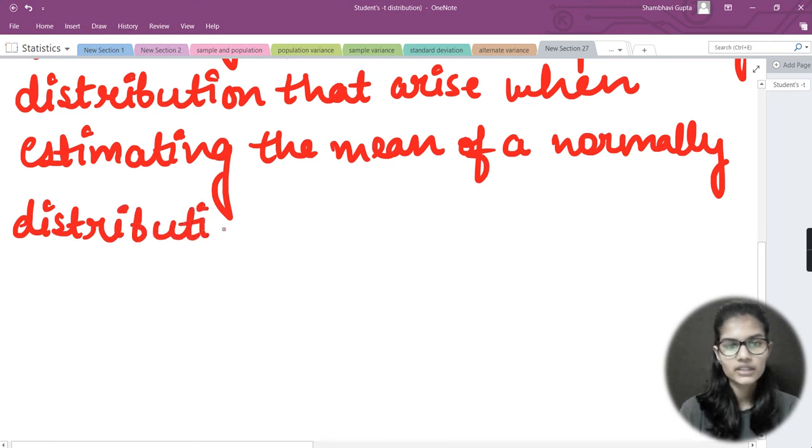So this is actually the definition for Student's t-distribution.